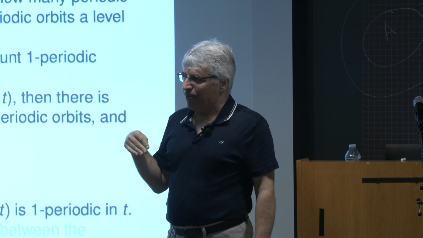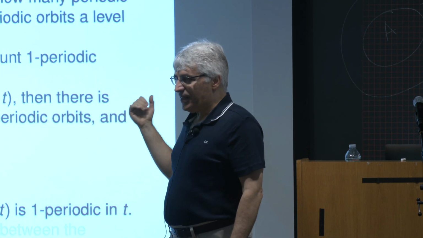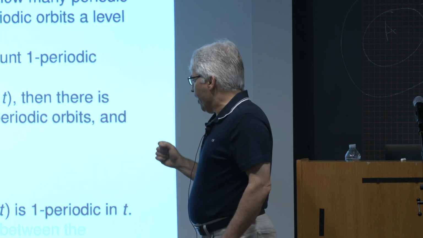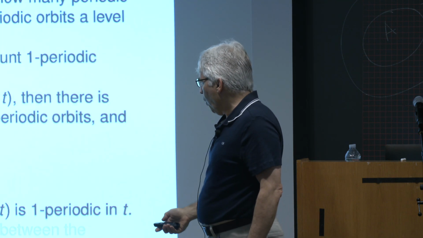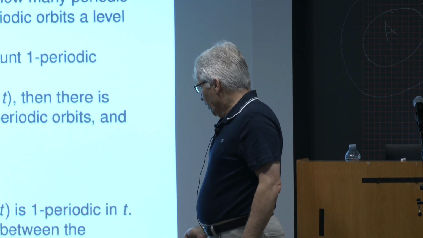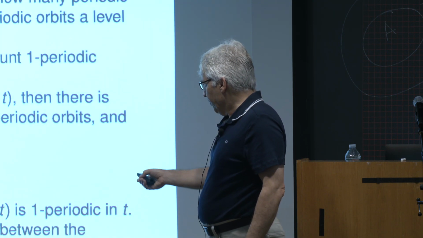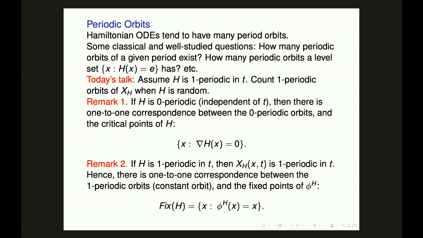So in order to have a one periodic orbit in such a setting, it suffices to find the fixed points of the time 1 map of your ODE. So remember, phi_H(x) represents the time 1 map. This is where you are after 1 unit of time if you start from x. And if you're back to yourself, if you have a fixed point, then you have a one periodic orbit. So this suggests that for this classical problem, you want to study the fixed points of the symplectic map.